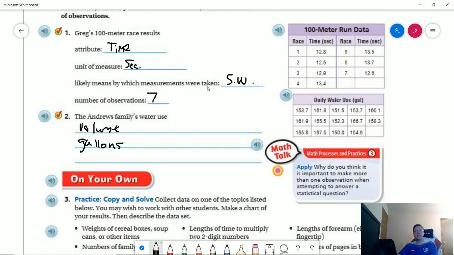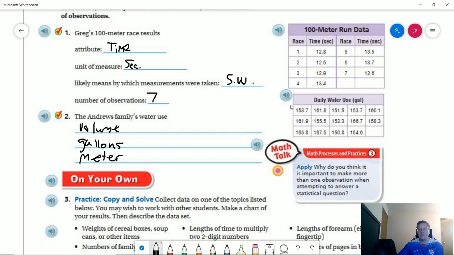So likely means by which the measurements were taken would be a meter, specifically a water meter. We are not going to take the amount of water that they used for various things and put them into a container and then try to use that to figure it out. We have water meters and electric meters to help with that kind of measurement.